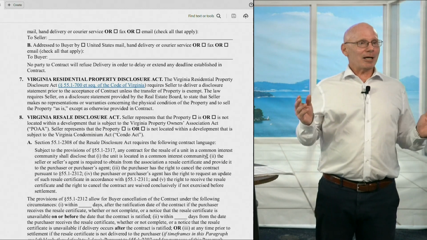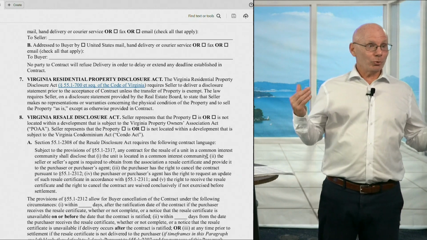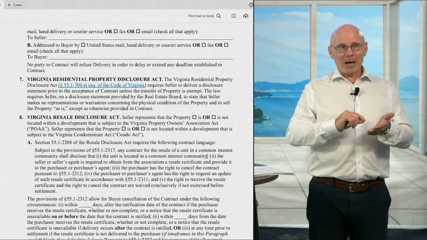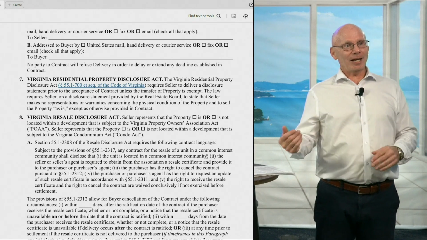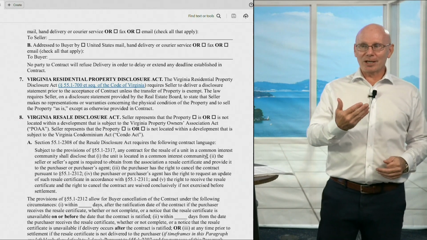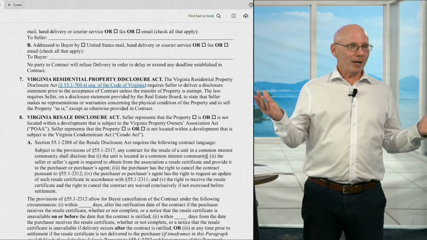Unless you upload a document somewhere, they're not going to know. So a lot of times what I'll do is I will write on a piece of paper, no MLS listing. I'll scan it in, I'll upload it into the checklist, and voila, everything gets done and approved.